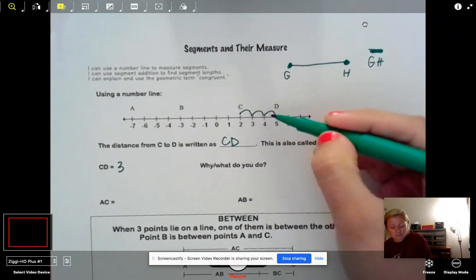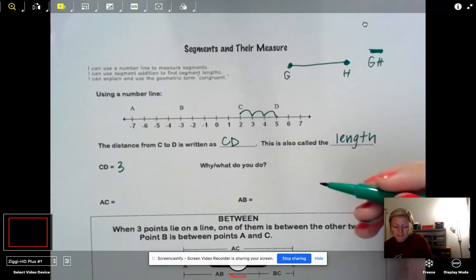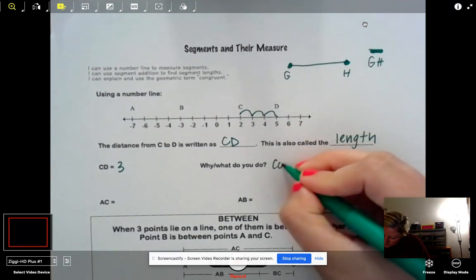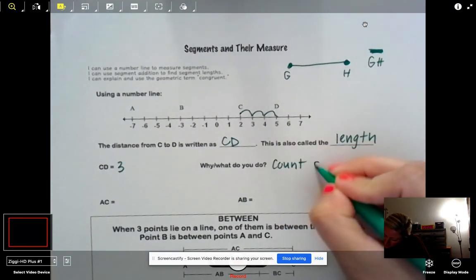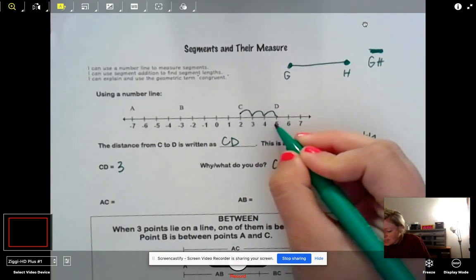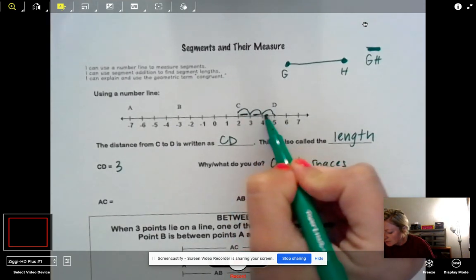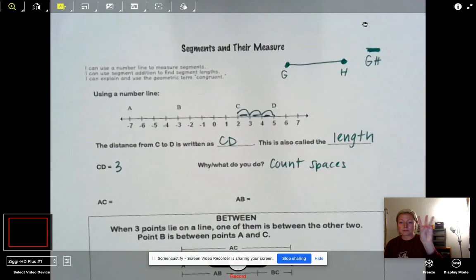You could count the spaces. You could do the bunny hop. I think the easiest thing to do is count spaces, because a lot of us will count the tick marks, and that will give you the wrong answer. You want to count the actual gaps. We have 3 gaps between C and D, so it's 3 units long.